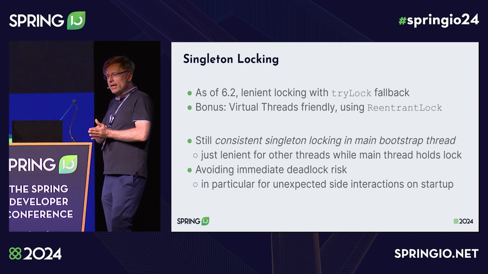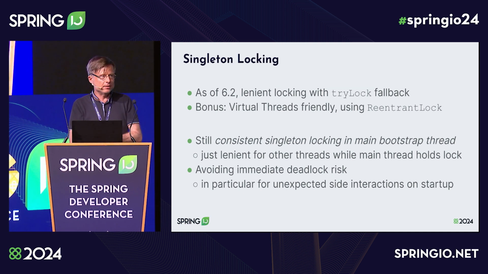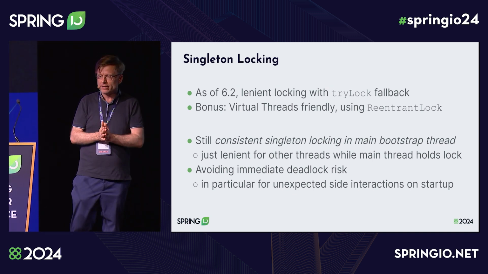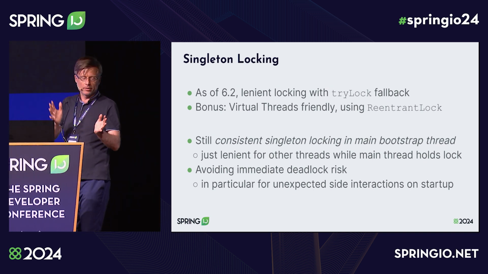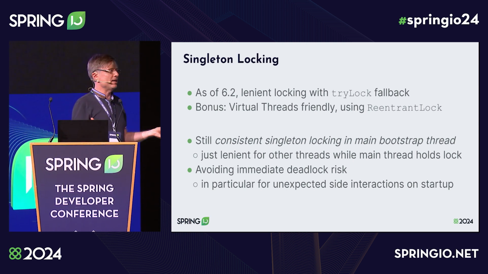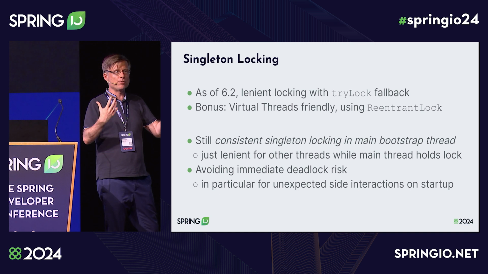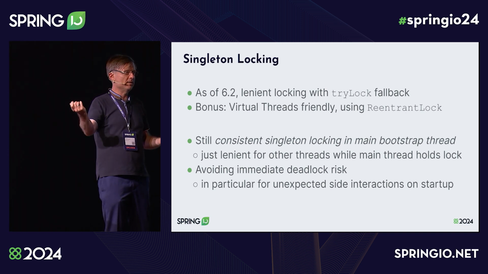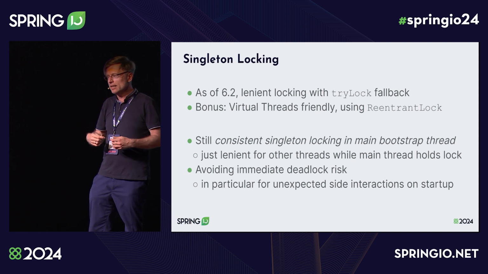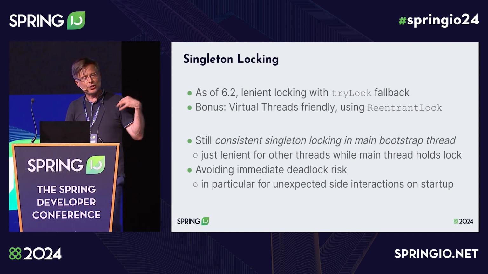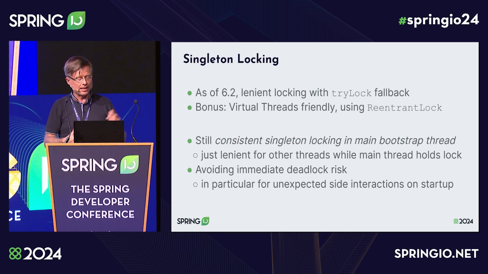So all of this locking happens within a single thread, which usually means that the locking doesn't have too much effect to begin with, at least for eager singletons. Lazy singletons could be initialized whenever they are first used, sometime at runtime, when someone sends a request that touches a particular singleton. If it hasn't been initialized, and since it was marked as lazy, we might actually initialize it late. So then that locking also kicks in.